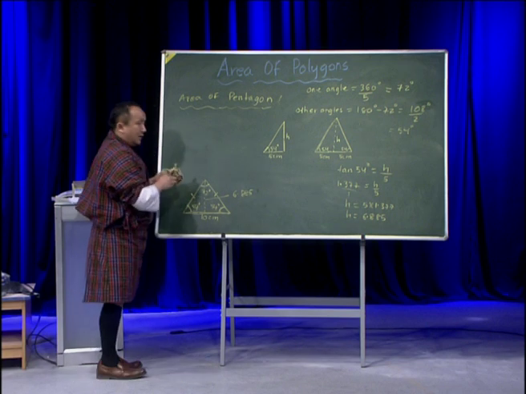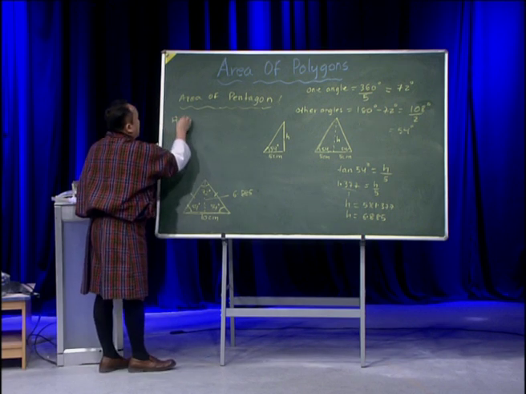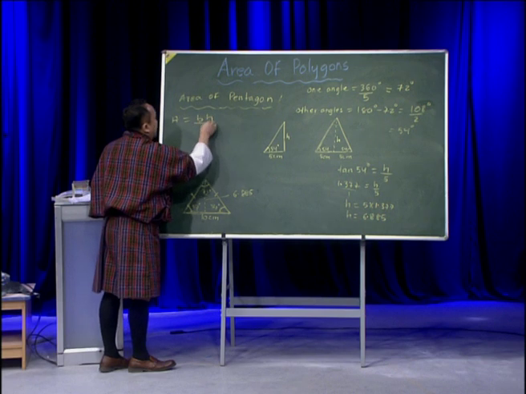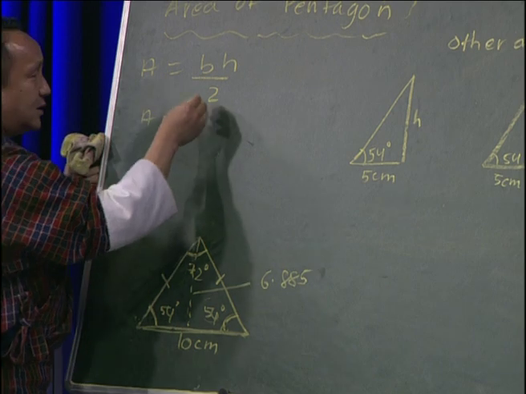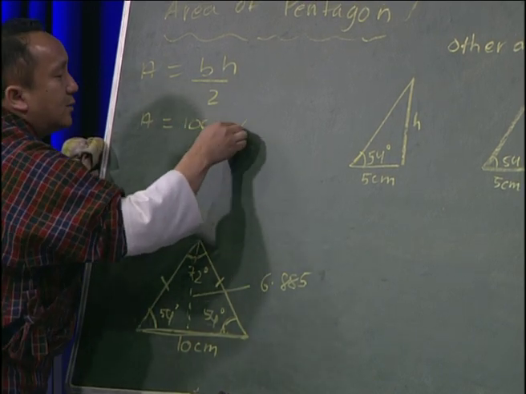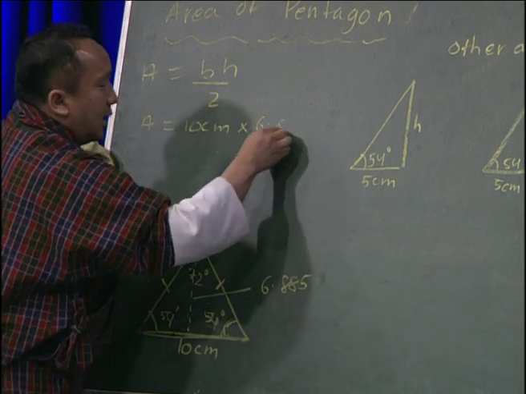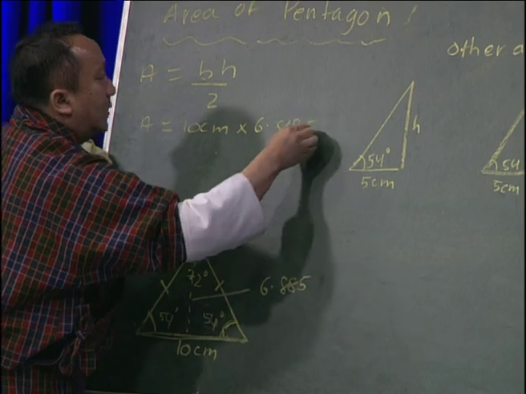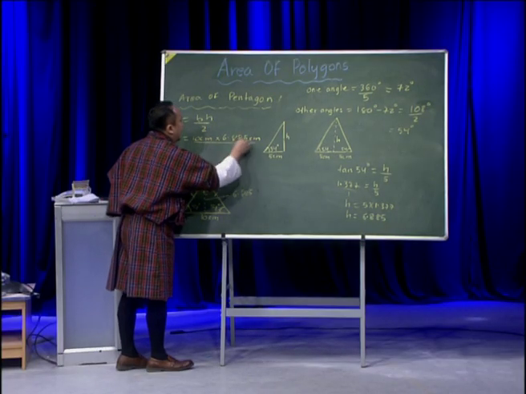Now to find the area, since there is no space, I'll write it here. Area is equal to base times height divided by 2. The base is 10 centimeter times the height, which we have calculated, 6.885 centimeter. Since we are finding the area of a triangle, you divide by 2.